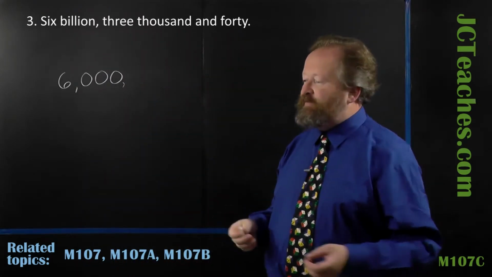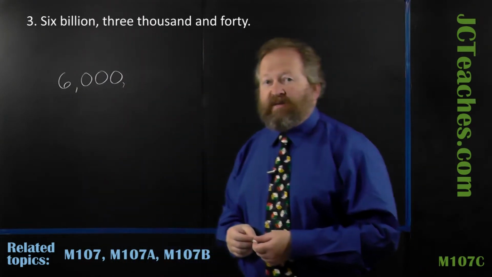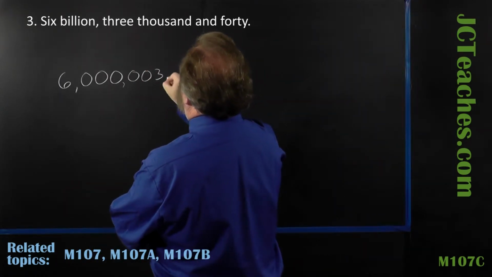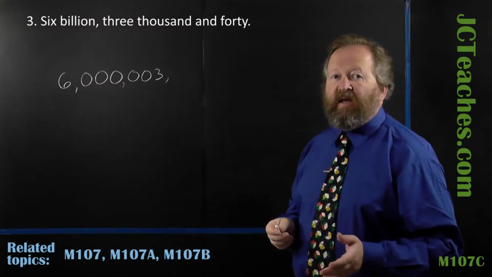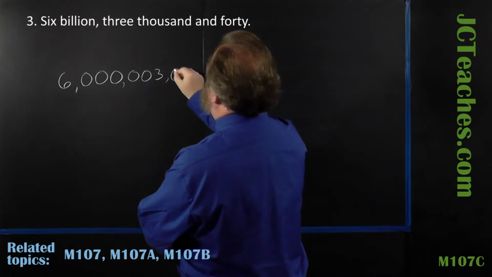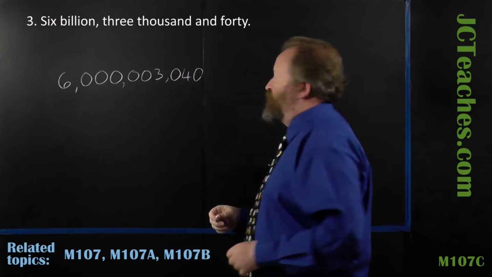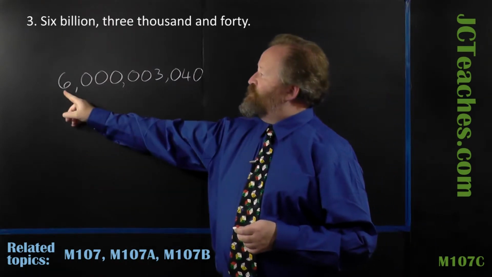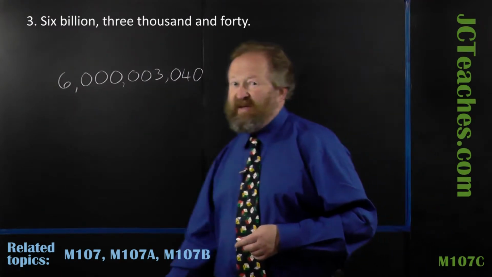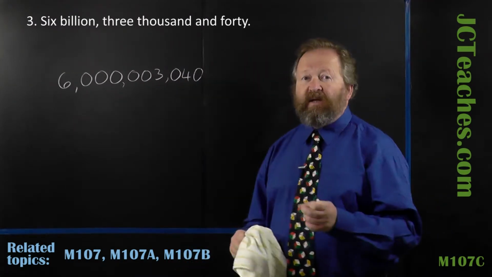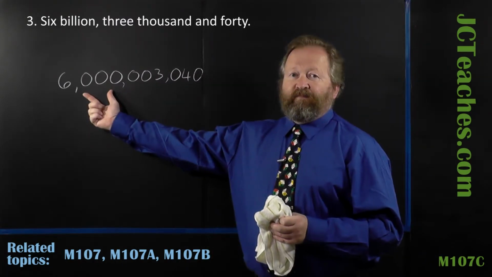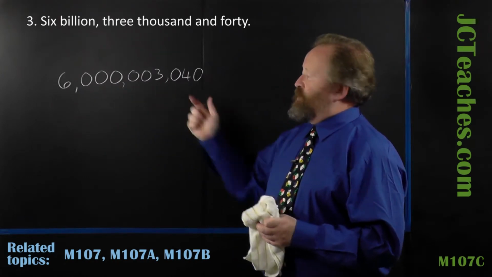We've got 3,040, so thousands is 3. And in the hundreds, tens and units, we've got 40. The 40 is a 2-digit number, so you have to put a leading 0 to get 040. Okay, so we've got 6 billion, no millions, 3,040. Getting a bit tricky, isn't it? And the trick, as I've told you, it's not really a trick, but the skill you've got to get hold of is blocks of 3 numbers for your millions, your thousands, and your hundreds, tens, and units.